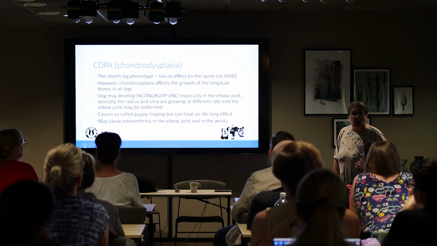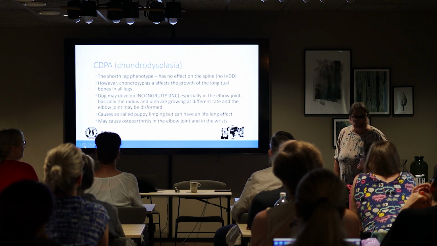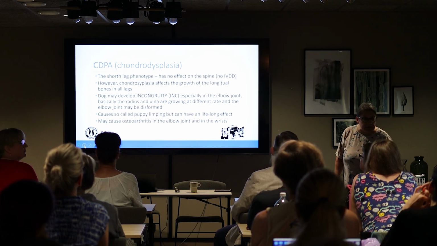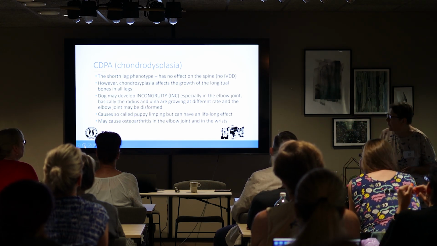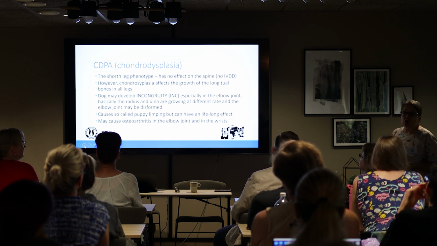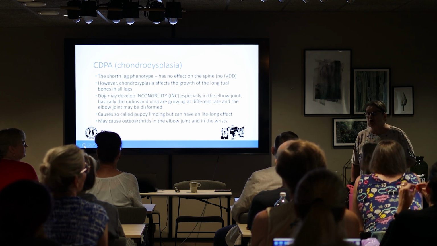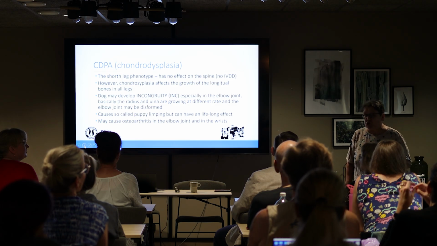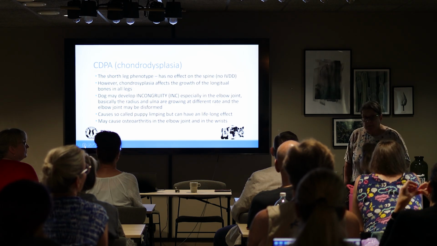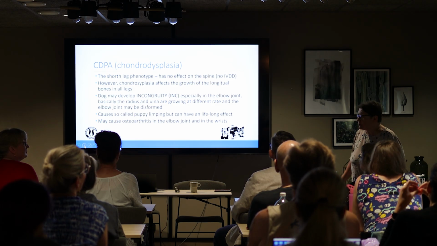It causes so-called puppy limping. This is the reason for Skye Terrier puppy limping. It's not because they have run too much. And it's not because they have jumped from the sofa. It's because of this.